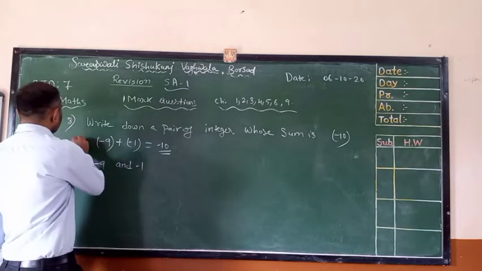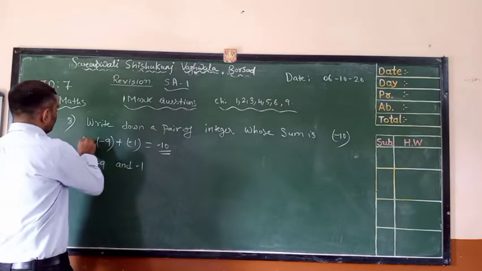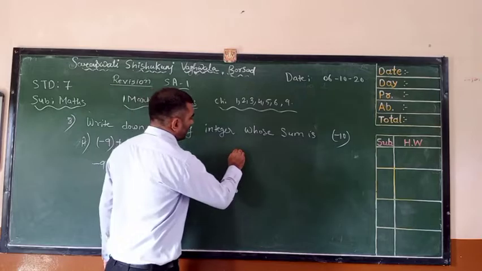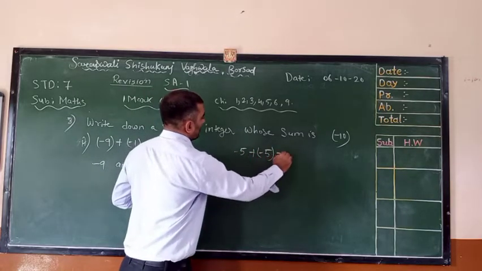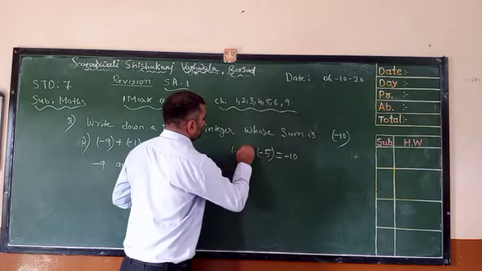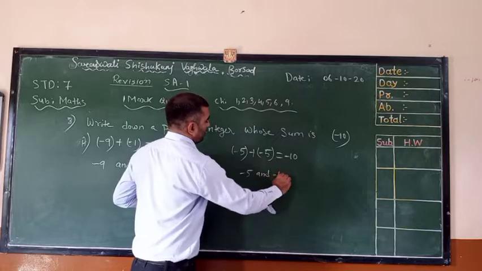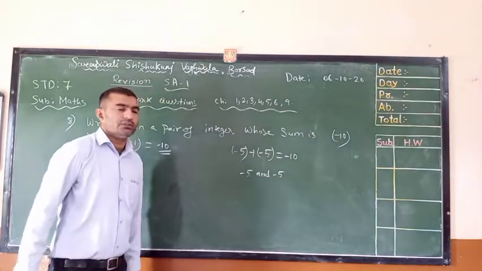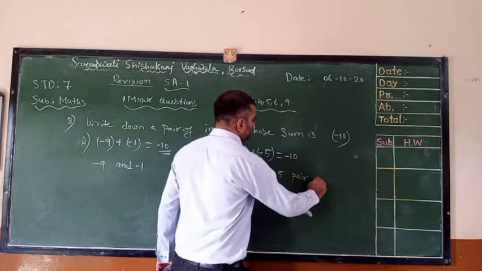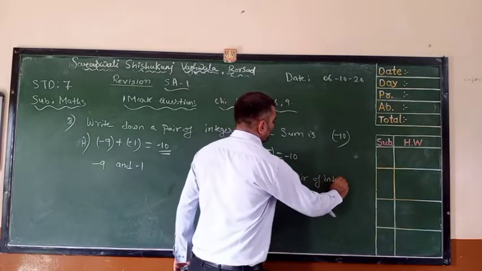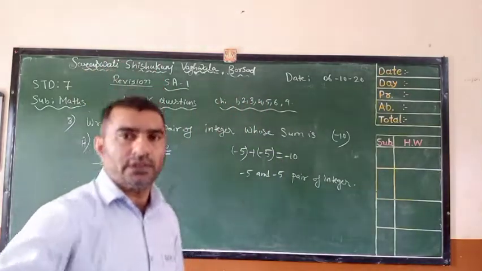Another we can write: minus 5 plus minus 5, that is equal to minus 10. So minus 5 and minus 5 is a pair of integers whose sum is minus 10.